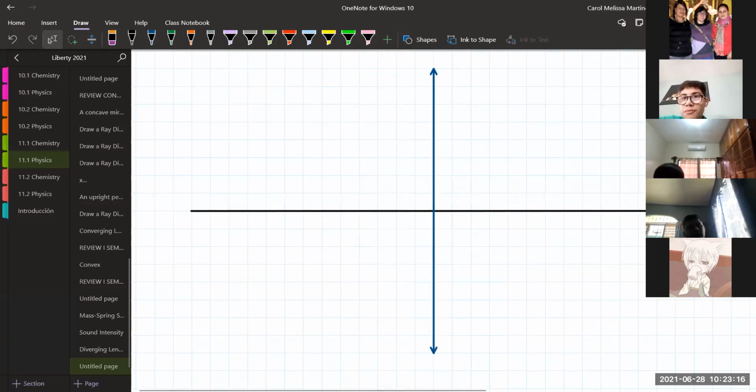Okay. Now in that point, right in the center, I will make the sketch of my divergent lens. The divergent lens, remember, is the one that is thinner in the center. So my divergent lens will look something like this.